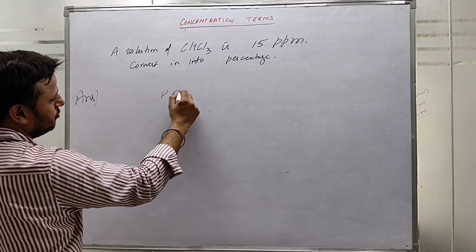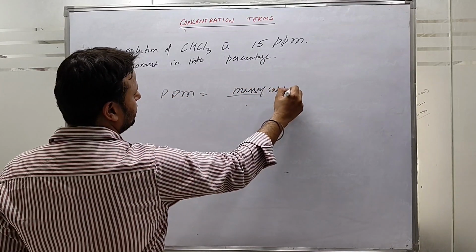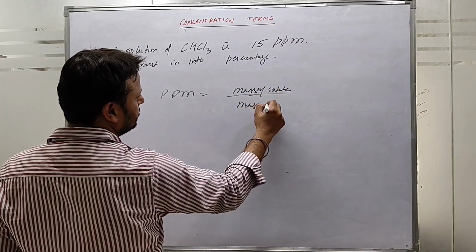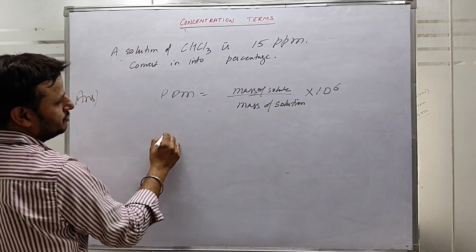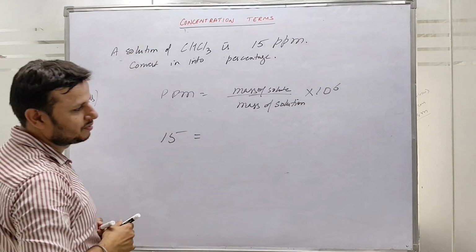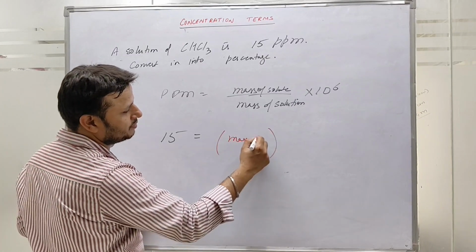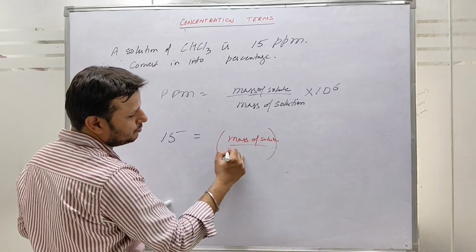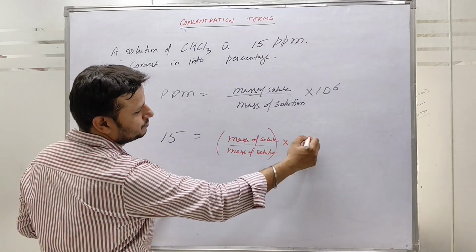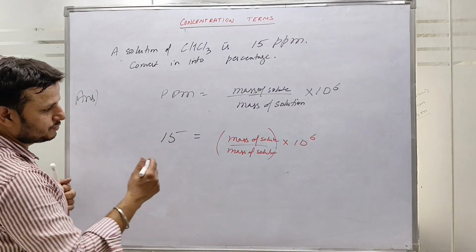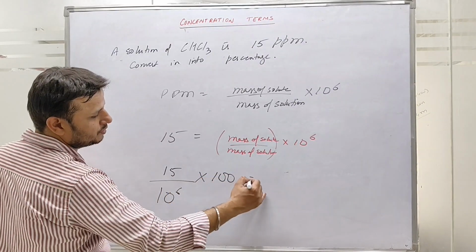तो ppm का फॉर्मूला है mass of solute by mass of solution into 10 raised to power 6. So 15 is equal to mass of solute upon mass of solution को तो हम ऐसे ही रखेंगे. We have to show this into percentage. So 10 raised to power 6 will come in denominator and for percentage into 100.